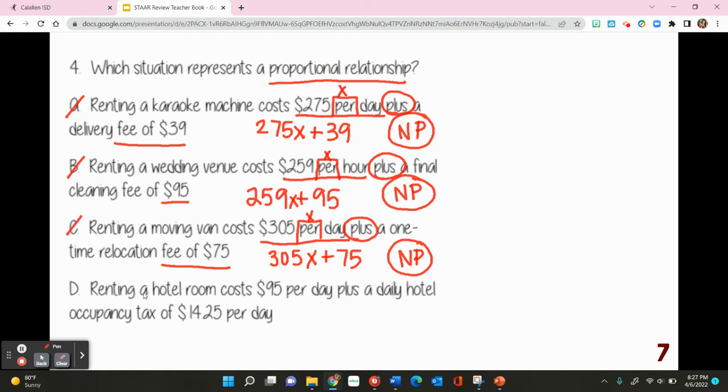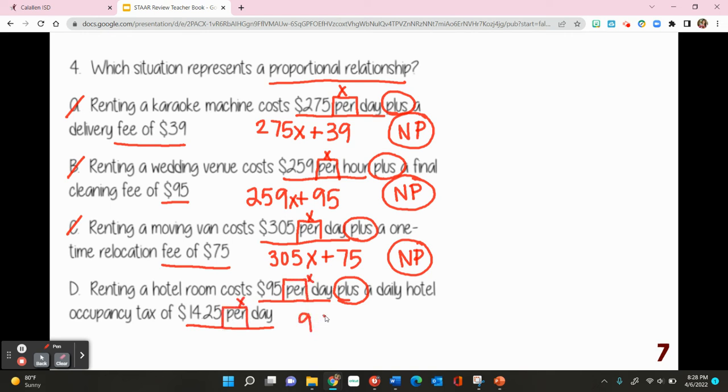So lastly, let's look at D. It says renting a hotel costs $95 per day plus a daily hotel occupancy tax of $14.25 per day. We see that the costs they are charging are both per day, so they both should get an x.